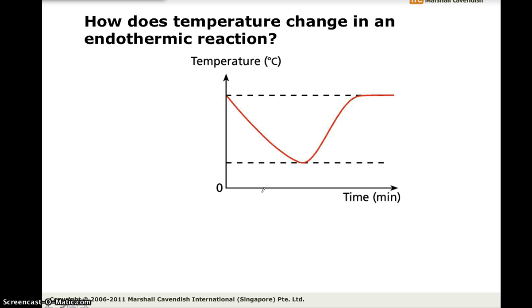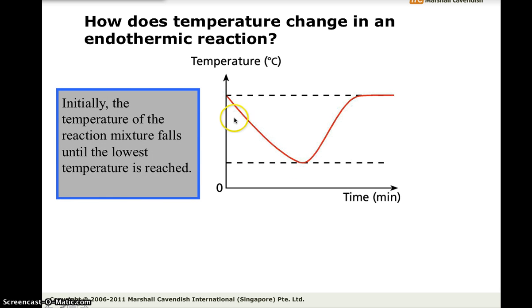Let's try to analyze the same graph again. Same thing, when you look at the y-axis, temperature, we are referring to the temperature of the surrounding. You see temperature decreases, temperature drops, so we can tell that this is actually an endothermic reaction.